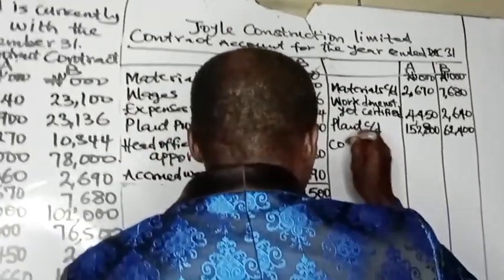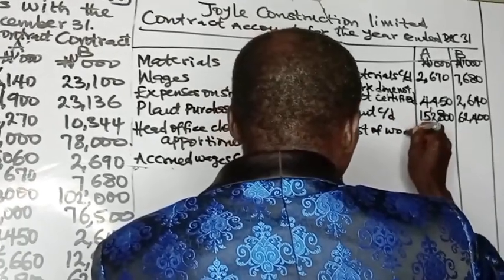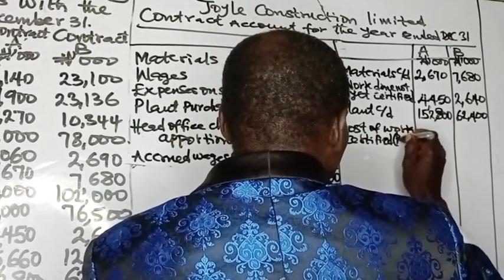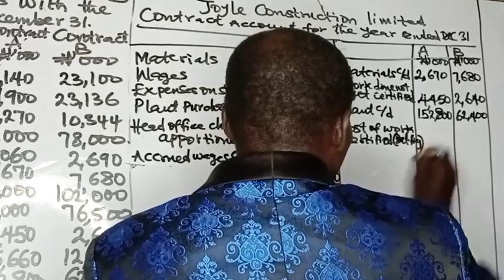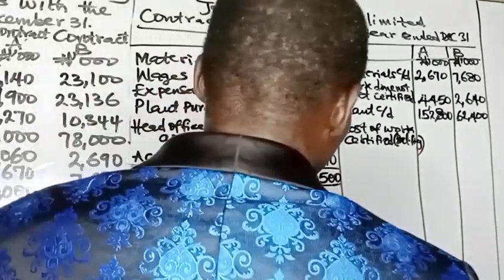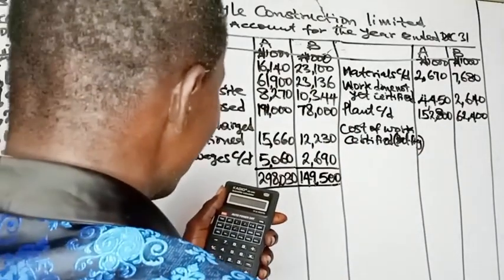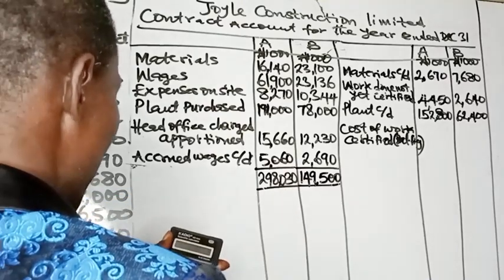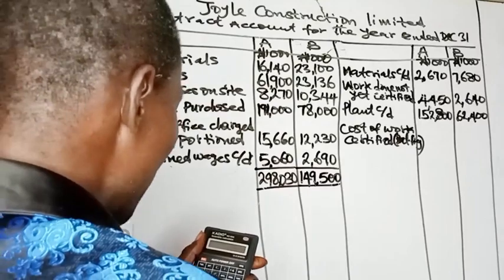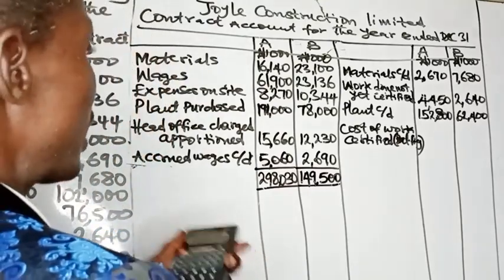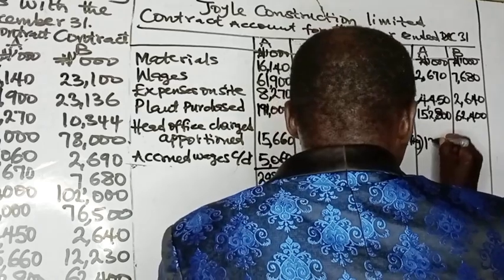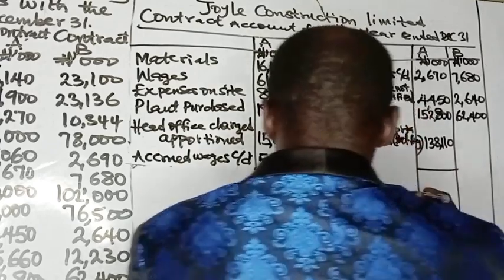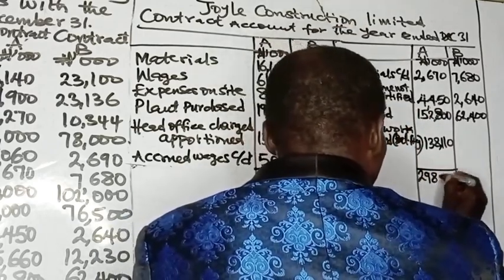Cost of work certified, which is the balancing figure. So, we have 159,920. If you subtract it from 298,030, then the balancing figure is 138,110. The total will be 298,030.